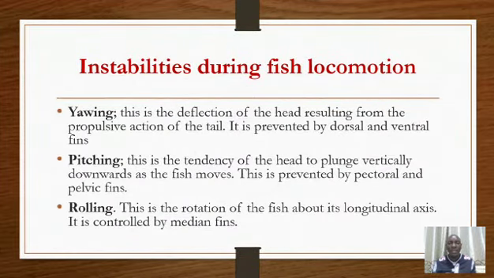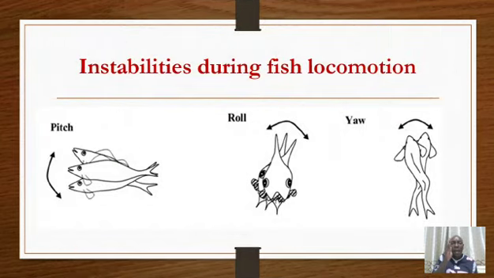Then the other instability is pitching. Pitching is the tendency of the head to plunge vertically downwards as the fish again moves forward. The head plunges. In other words, what do we mean? If instead of moving like that normally, as the fish is swimming, the head is pushed down, it plunges down like that.